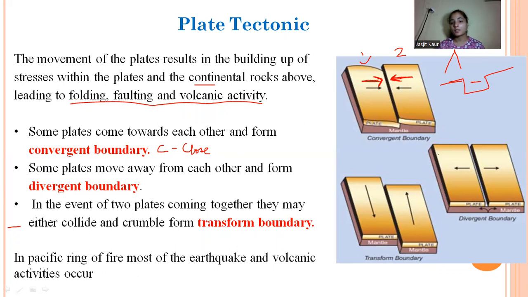So when the plates move away from each other, that will be known as divergent boundary. And here the process of faulting will occur, because suppose these are the two plates and they started separating from each other. So in this area, a fault will occur. Okay. So you can also remember: convergent means close and divergent means difference.